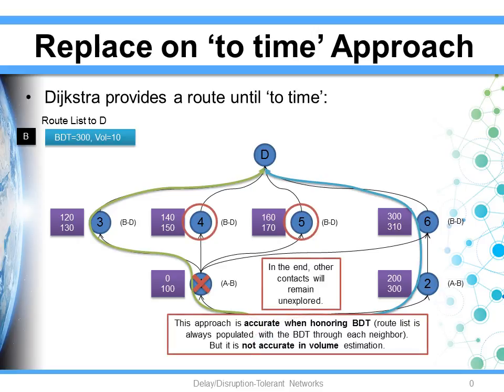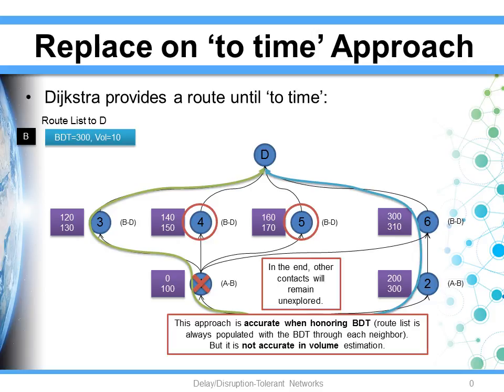The problem, or maybe not the problem, but the property of this approach is that obviously not all contacts are explored. This is because if subsequent contacts, non-local but remote contacts now, can reach the destination node D with a worse delivery time than the first one found, they will not be explored.